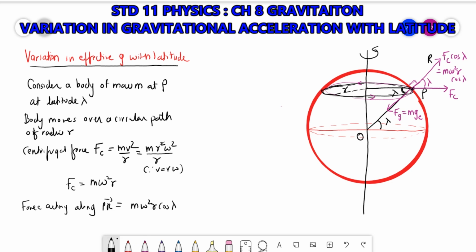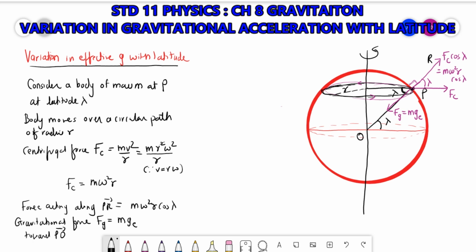So the gravitational force Fg equals m ge, and that is towards PO. So see, now here you can see both the forces are in exactly opposite directions, that is towards PR and towards PO.